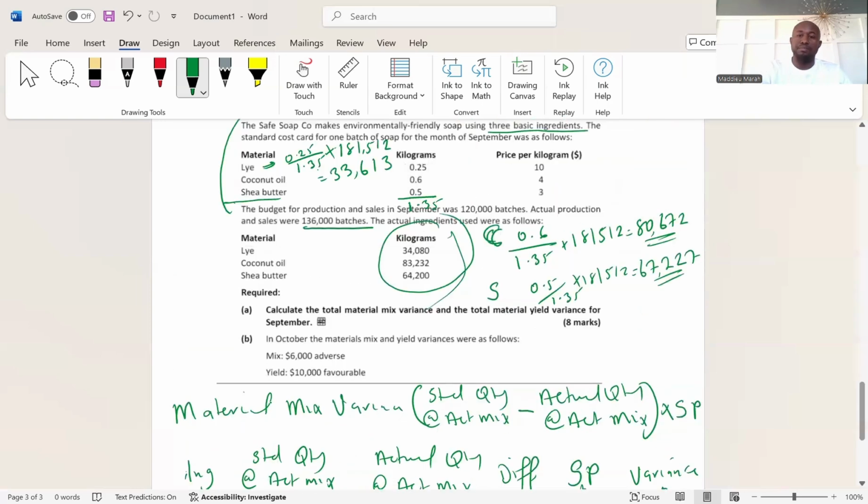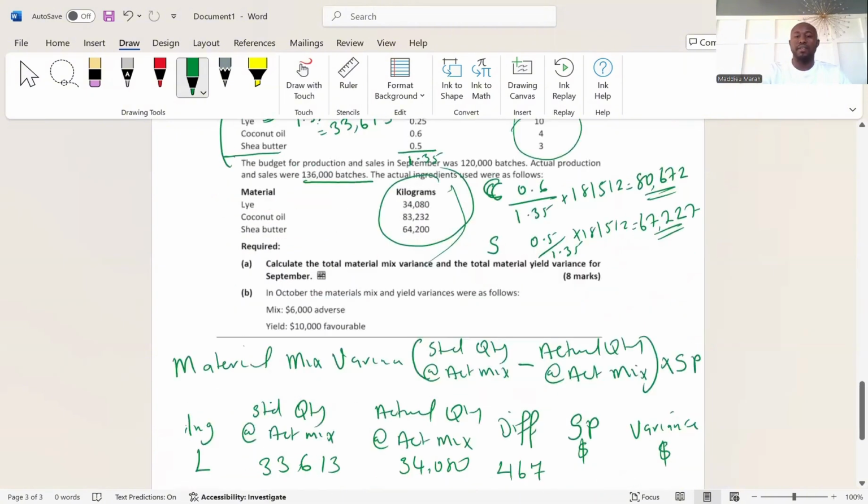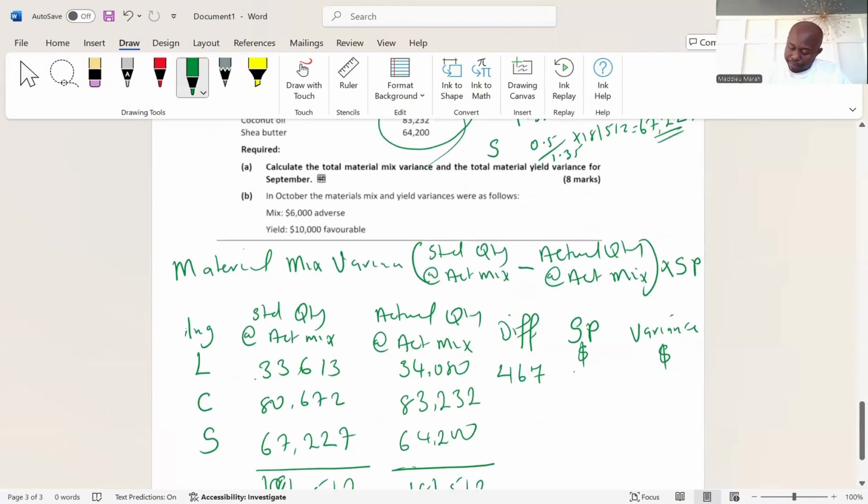So what's my standard price? I have my price to be 10. Look at the prices here: per kg, 10, 4, and 3. So I have my price to be 10, 4, 3. Okay. So for these at 10, what do we have? 4670.